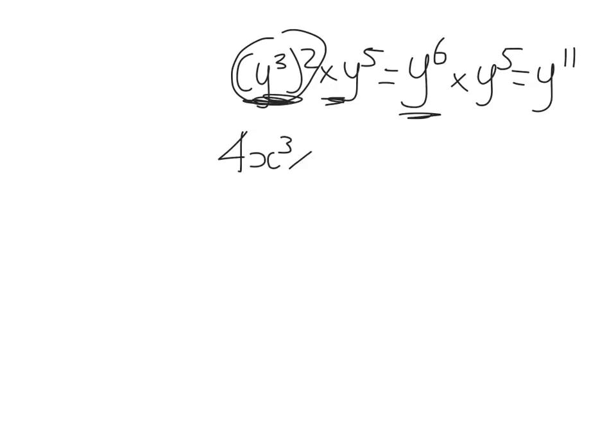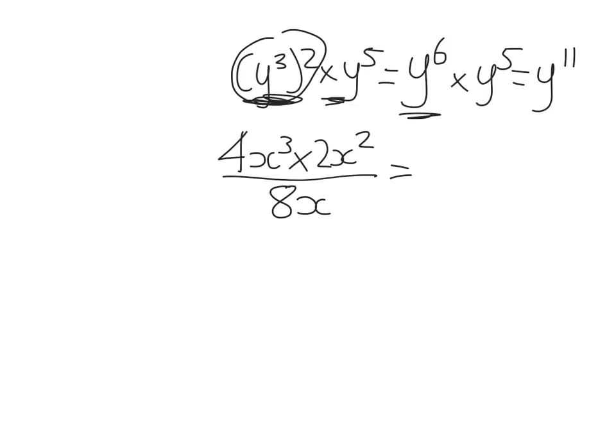So let's say I have something like this. 4x cubed times 2x squared over 8x. I've got a whole heap of numbers. If you have a whole heap of numbers, treat them separately to the pronumerals. Now, 4, 2, and 8 are not being raised to a power, so they're not bases, and I don't need any index laws.